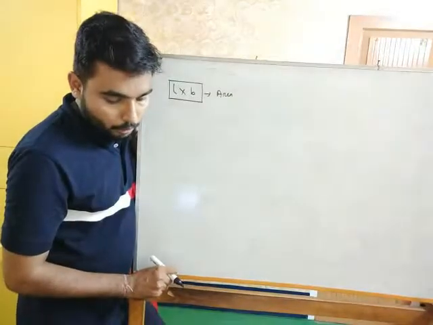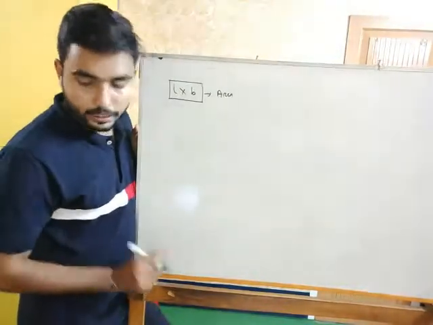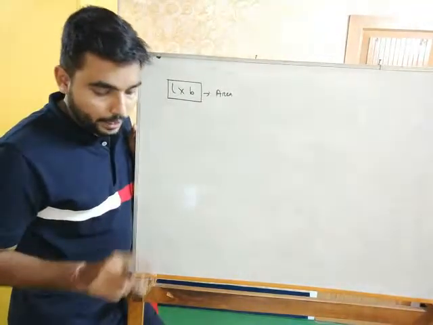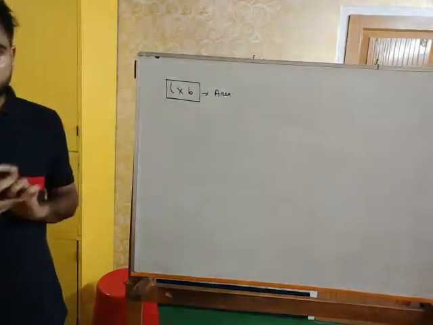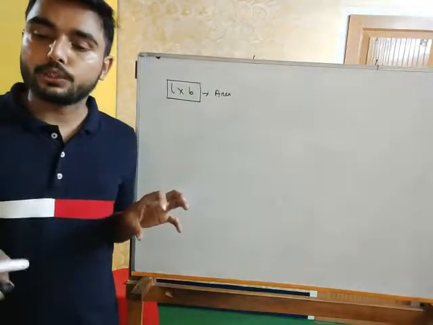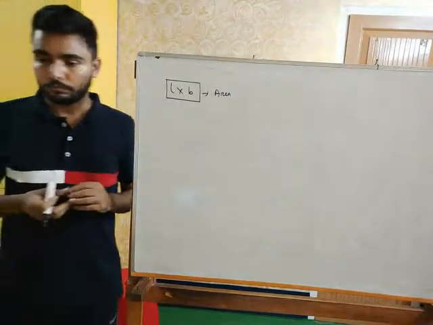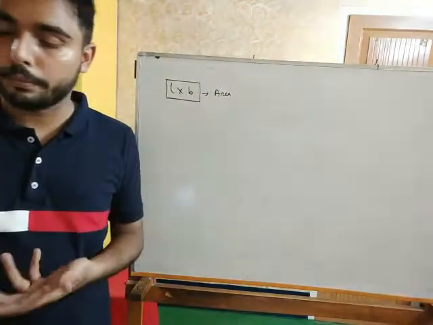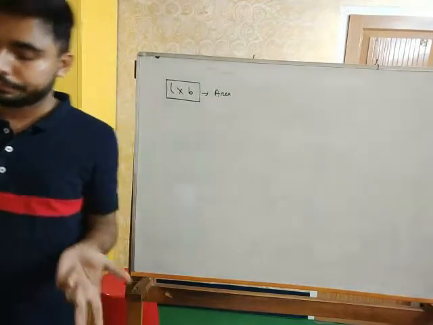The length of the plot in meters is one more than twice its breadth. So the length depends on the breadth. So whom will I assume to be x, length or breadth? Obviously breadth. Why?